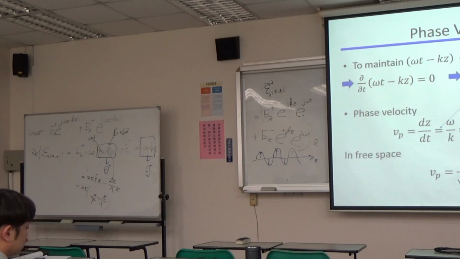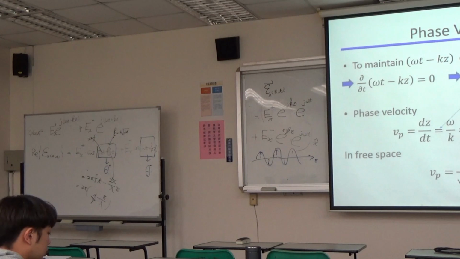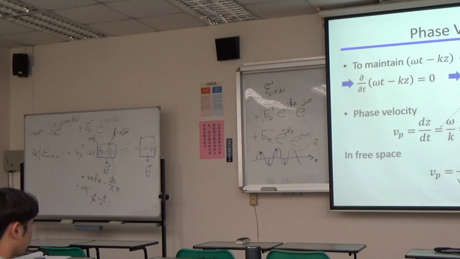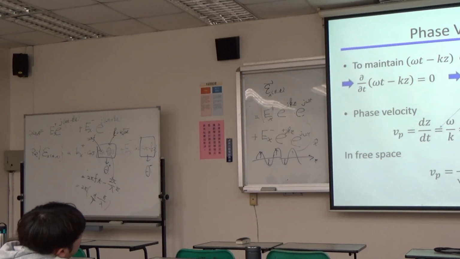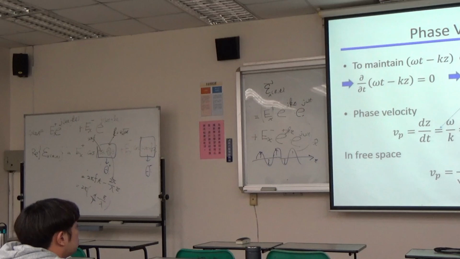Because you put the constants mu0 and epsilon 0 here. Mu0 and epsilon 0, those are already determined, right? For epsilon 0, it is 8.854 multiplied by 10 to the power minus 12. And for mu0, it's 4 pi multiplied by 10 to the minus 7. So you can multiply these two numbers, take a square root, and do 1 over this number, it will be the speed of light.